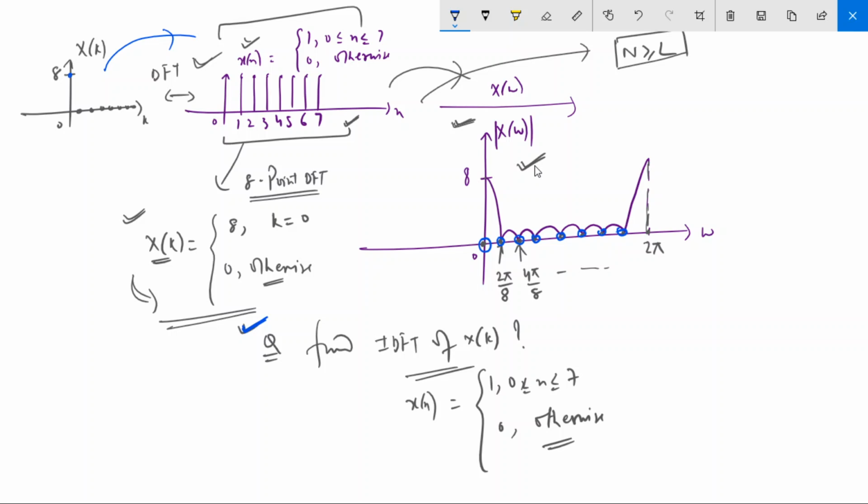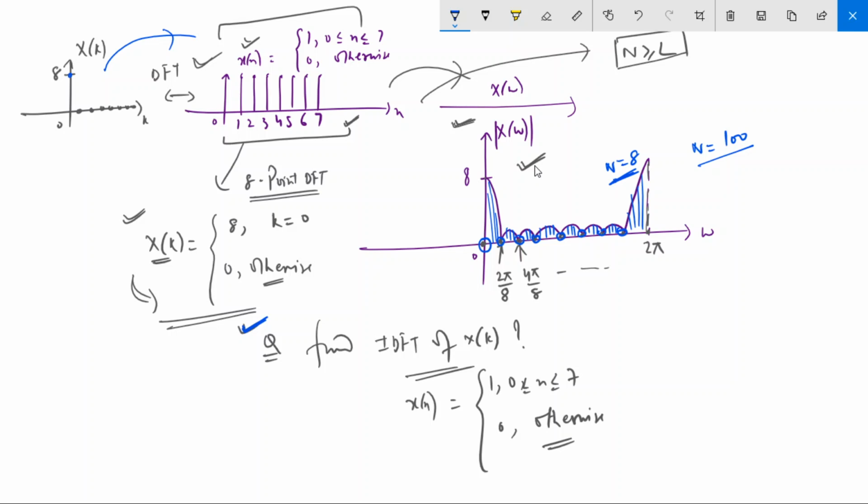Okay, but this is for N equal to 8 samples. If I take, suppose, N equal to 100 samples, it means between 0 to 2 pi I am taking 100 samples in the frequency domain, so the samples will become closer. I may get some samples at zero, I may not get some samples at zero, but between 0 to 2 pi you are taking 100 samples.